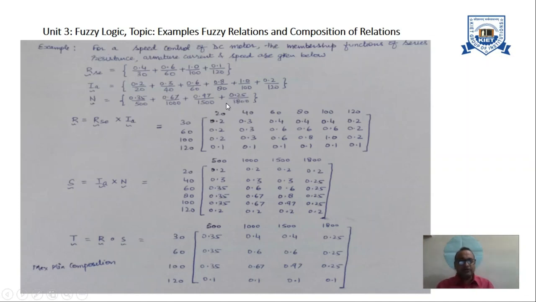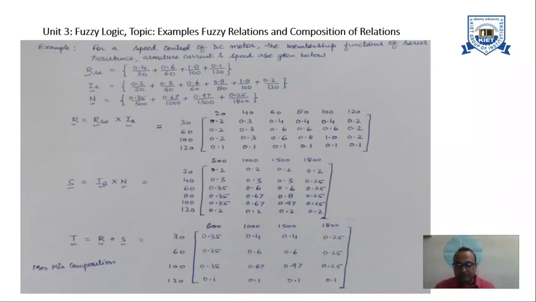So here we have three fuzzy sets which we have established with the help of the expertise of electricians, giving their views in terms of series resistance, armature current, and the RPM of the motor. Now we are asked to make a relationship between the series resistance and the speed of the motor.